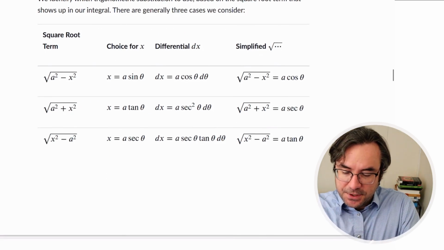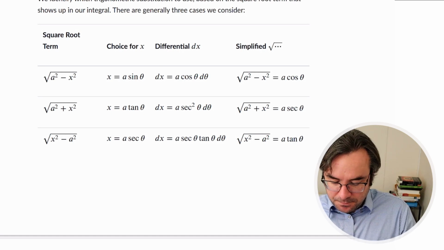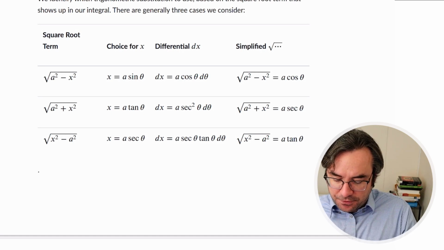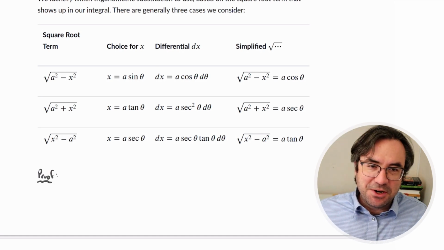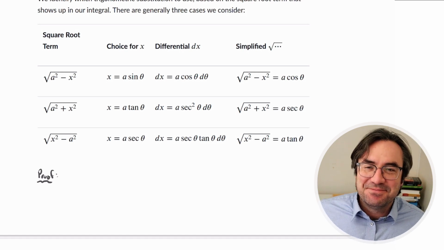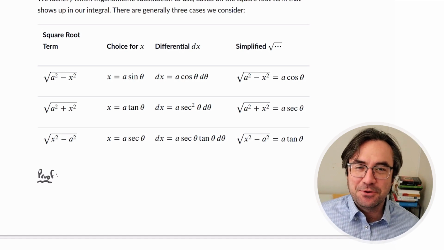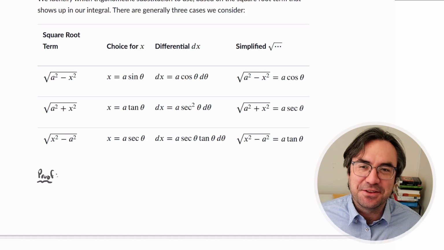All right, let's start. We're going to prove the first one, and if you want to have some fun, you could try all three of them. But we're going to do the first one. They feel the same.